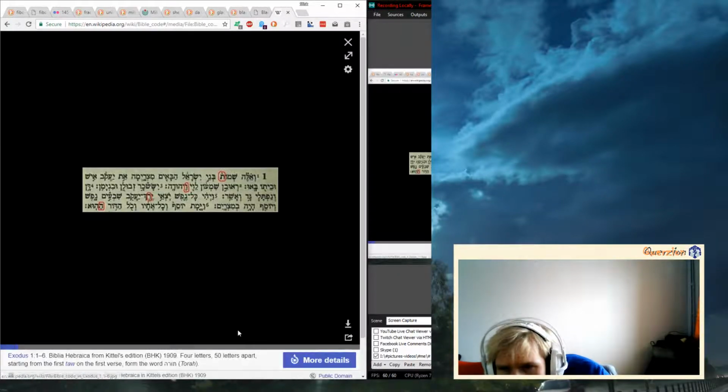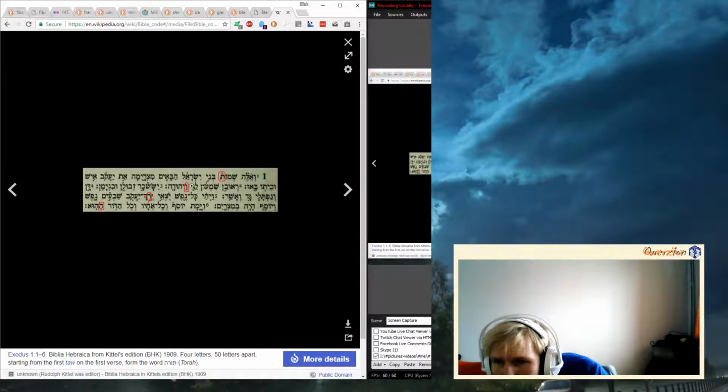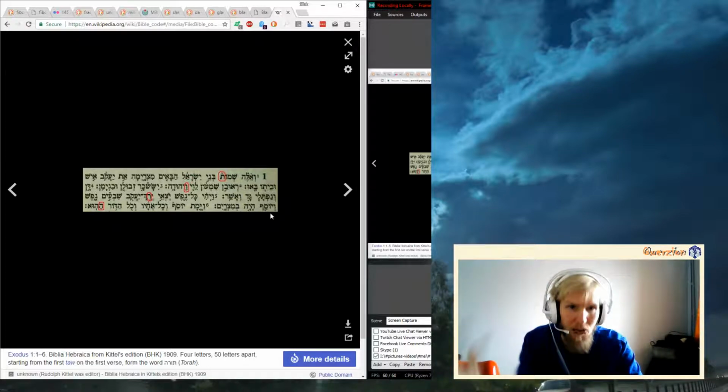So, this is a code in the Torah. Biblia Hebraica from Shittel's edition. Okay, no, it's not from the Torah, it's from the Bible. 50 letters apart, starting with the first Ta on the first verse, form the word Torah. So there, Torah. This is a code that skips letters, and it's in the frickin' Bible.